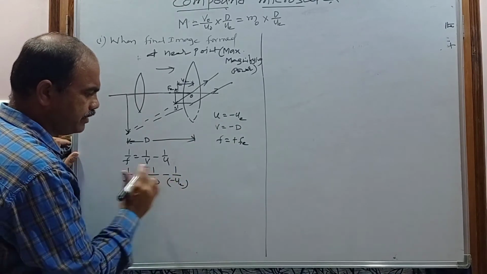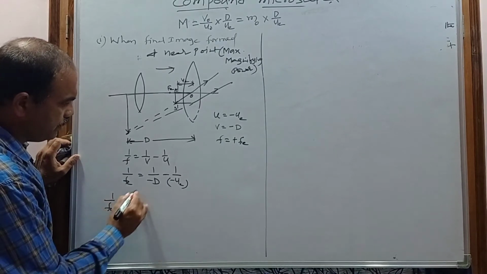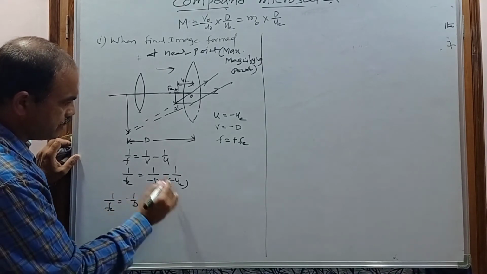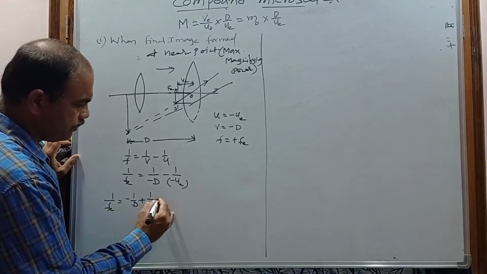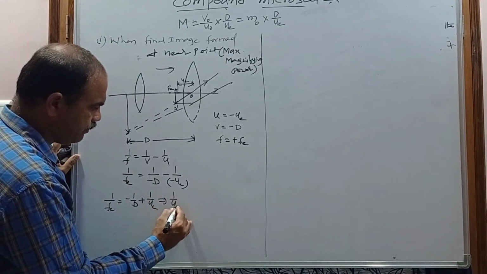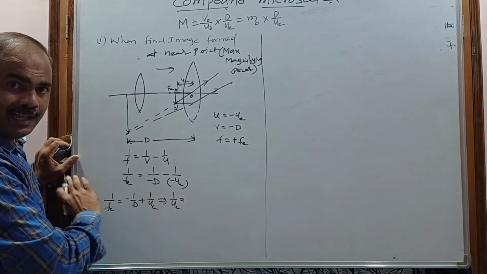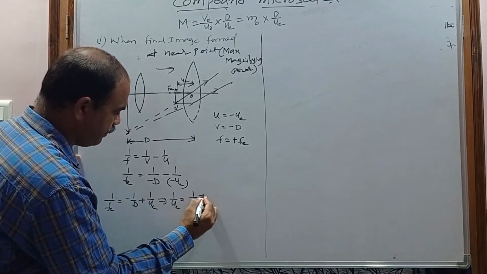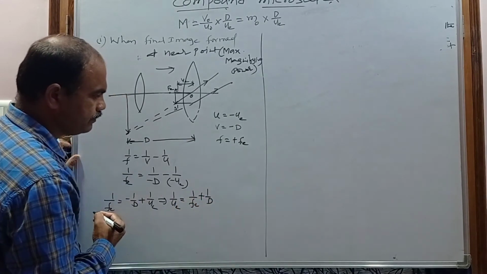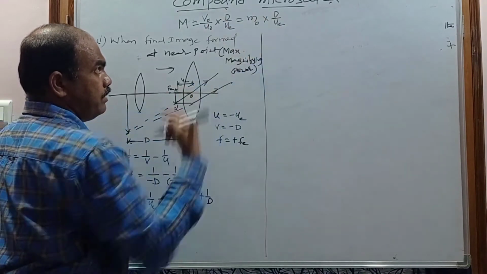This minus into minus becomes plus: 1 by f suffix e equal to minus 1 by d plus 1 by u suffix e. So from this equation, when I bring minus 1 by d to the left side, 1 by u suffix e equal to 1 by f suffix e plus 1 by d. So you get 1 by u suffix e.